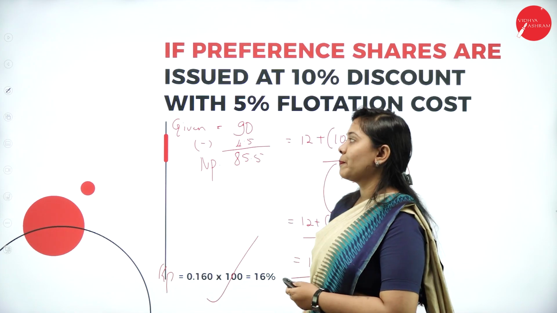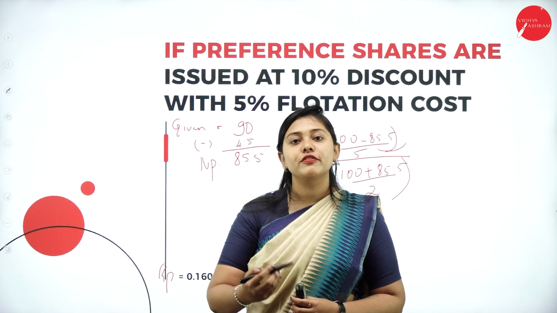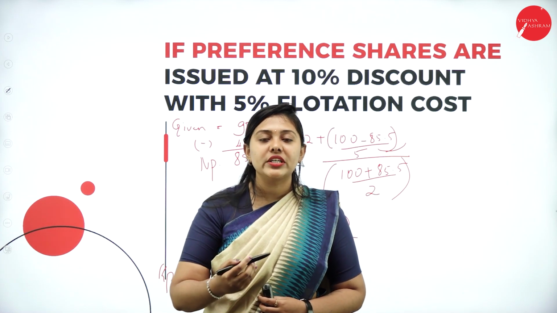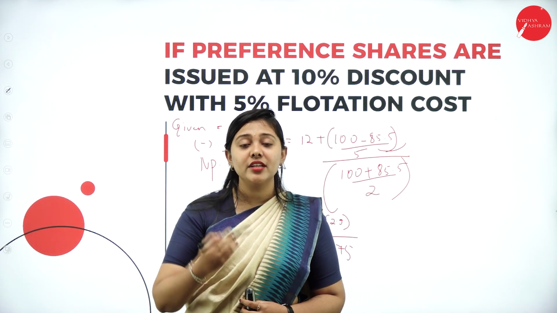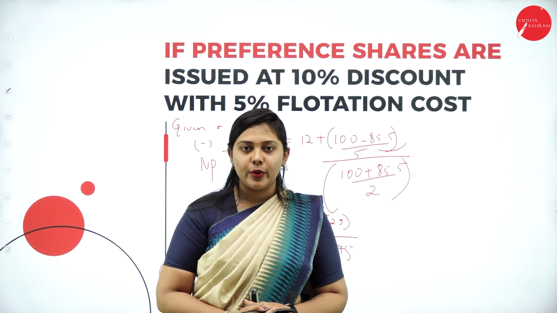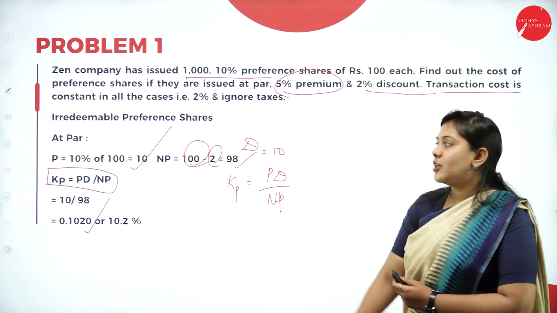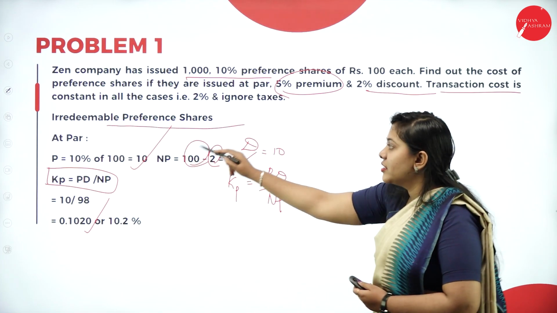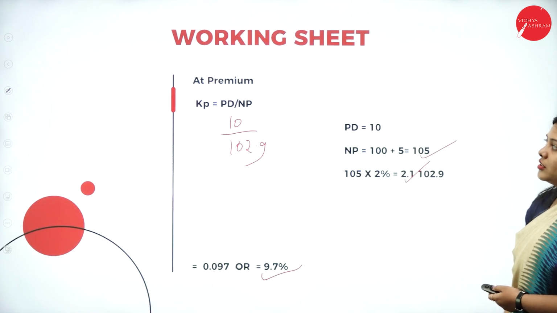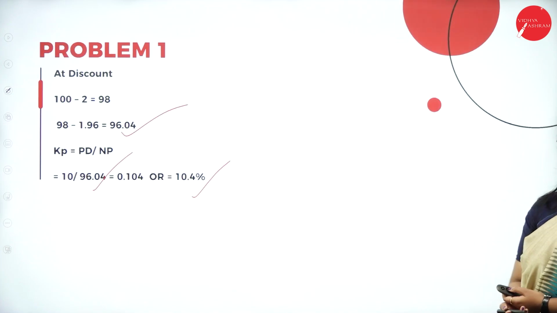So that's it. I'll be moving out of the screen, my dear students. You can take up the screenshot. If you don't solve the problem on a daily basis, you will not understand. So for your homework, kindly take up the screenshot and solve the problems. Problem number 1. This problem is irredeemable preference shares at par, issued at a premium, issued at discount.